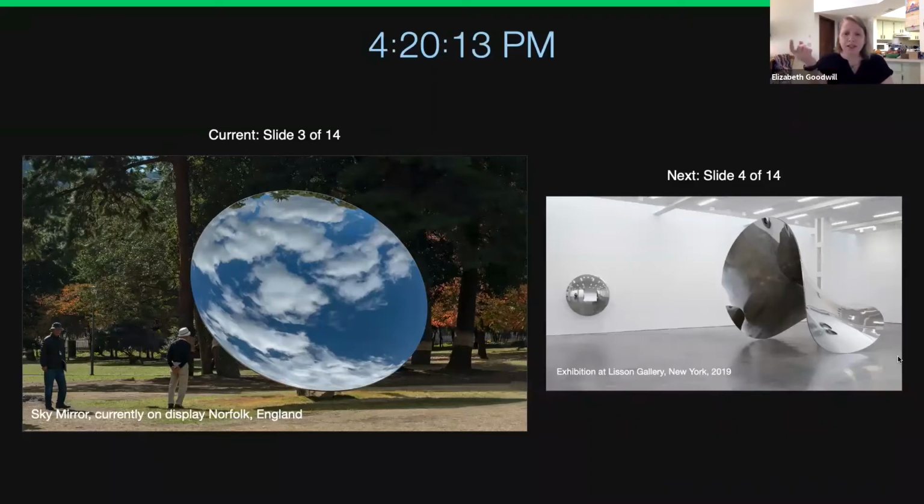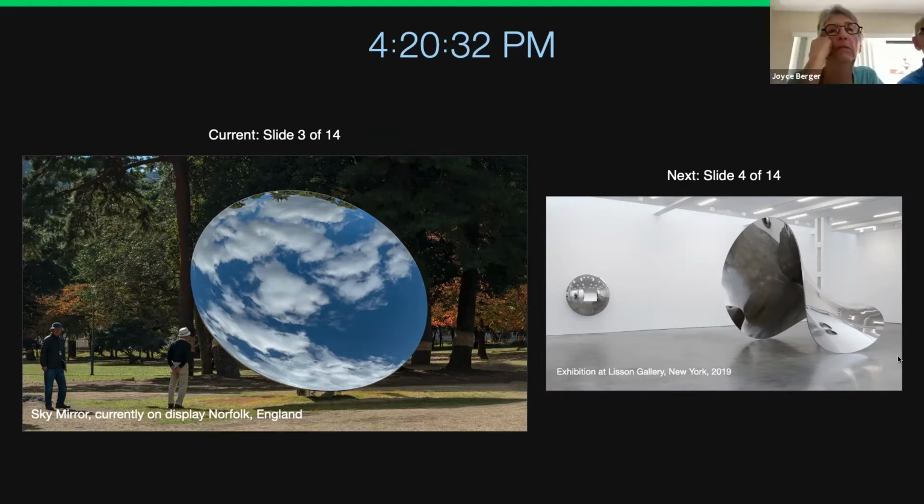But this piece here is actually one of my favorites. And it was one of the reasons why I wanted to do and talk about Anish Kapoor. Judy suggested him, and I was like, yeah, I love Sky Mirror. So this piece is currently on display in Norfolk, England. It is one of many.